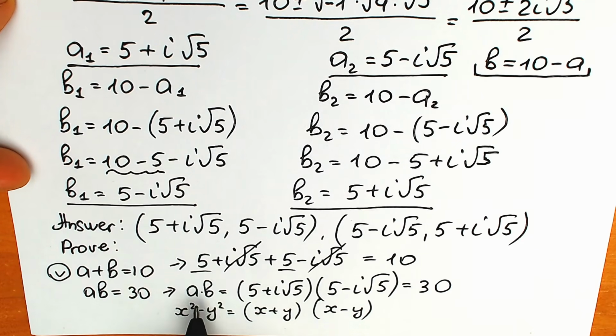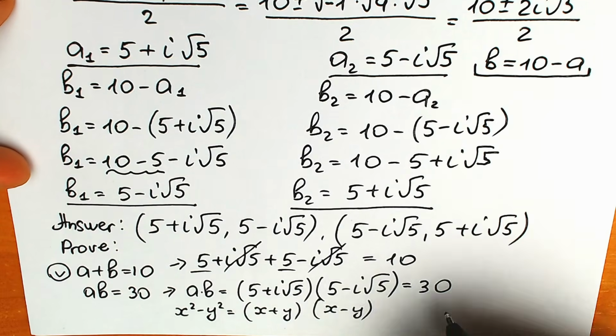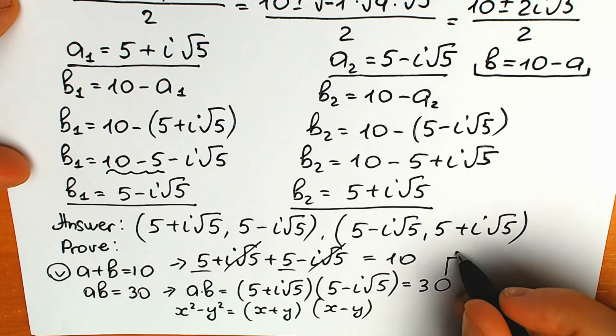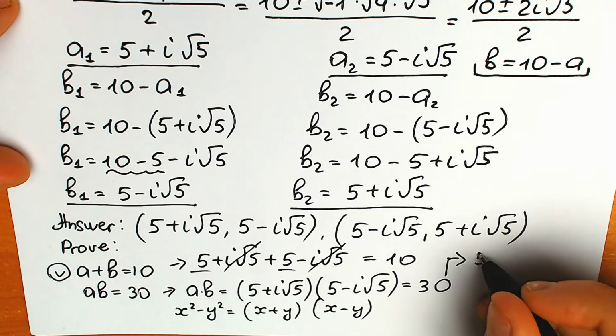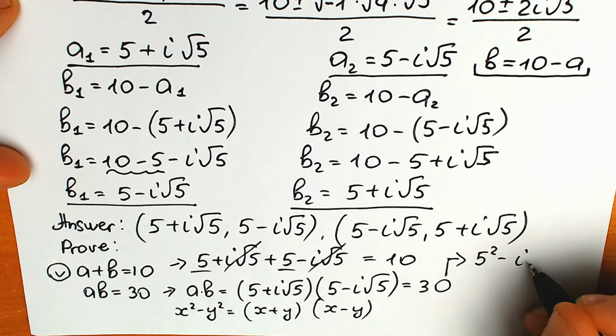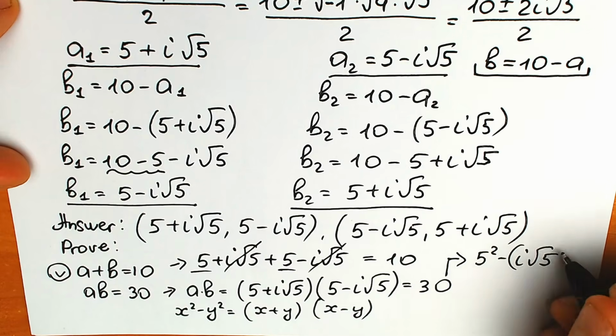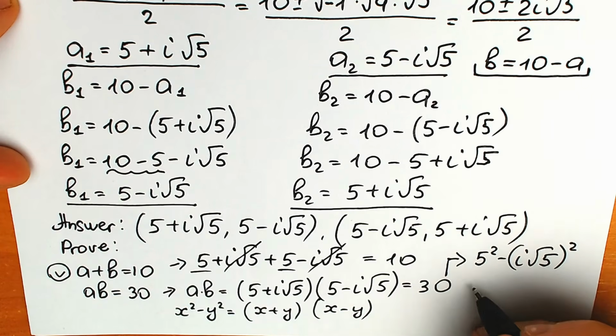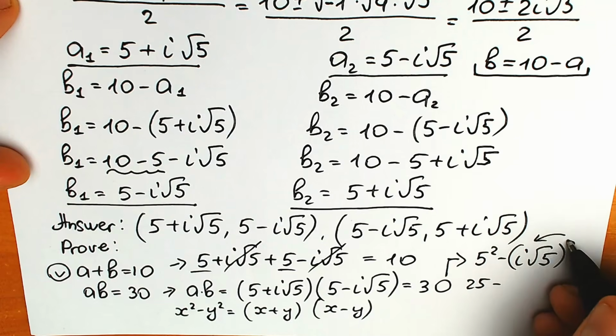So that's why this is a difference of squares. So we can consider this as difference of squares. So let me continue it, for example, right here on the right side. Difference of squares, 5 square minus I square root of 5 square. So 5 square equal to 25 minus I square and square root of 5 square.